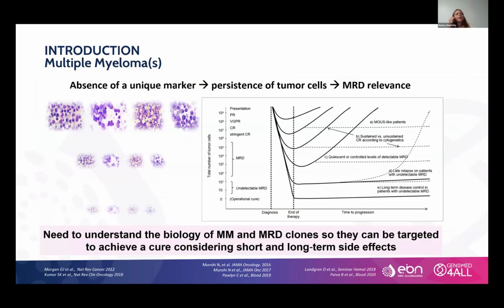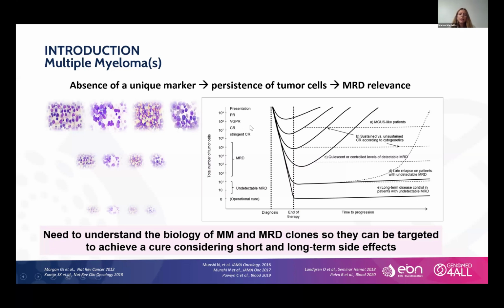So starting with the introduction of the disease, maybe you are aware that multiple myeloma is a plasma cell disorder, and there is no unique marker that defines the disease. So the biology of the disease is very heterogeneous, and it is characterized by a variable clinical outcome.